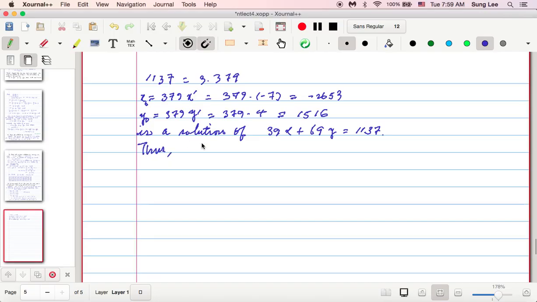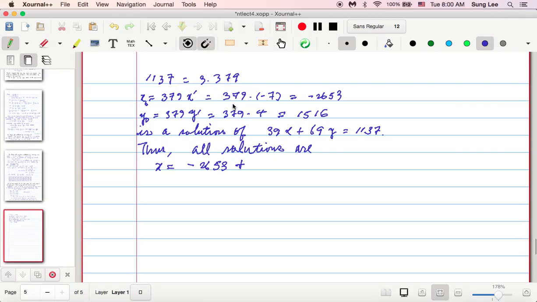Thus, all solutions are x equals x naught, negative 2653, plus b over d.